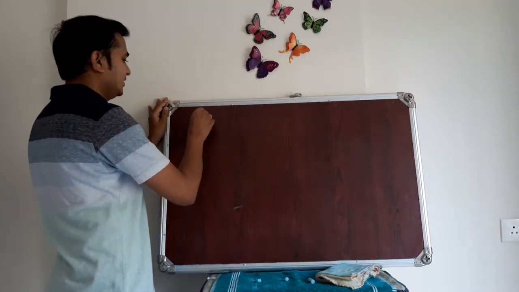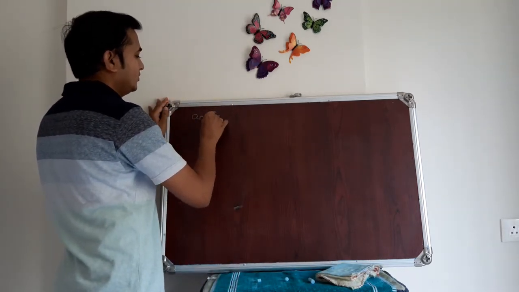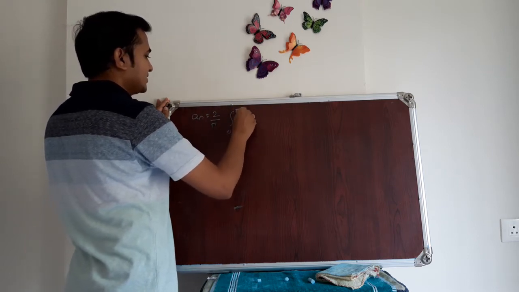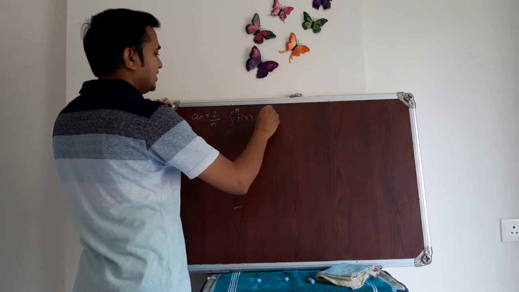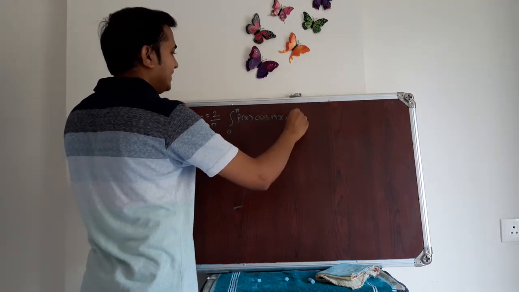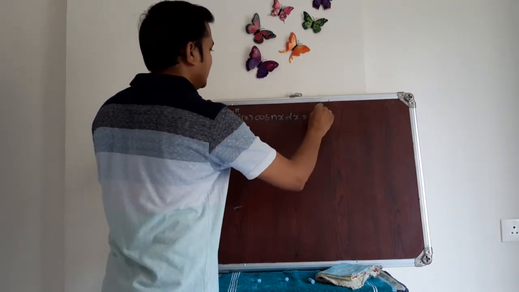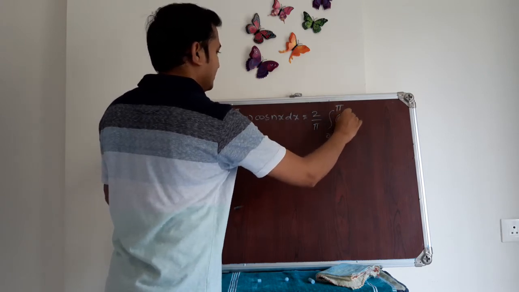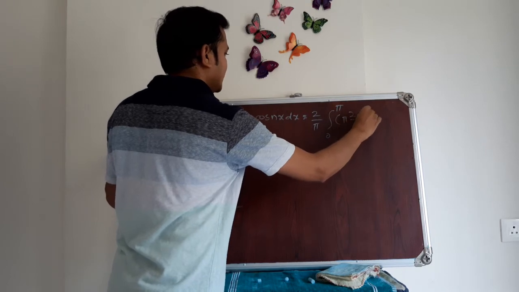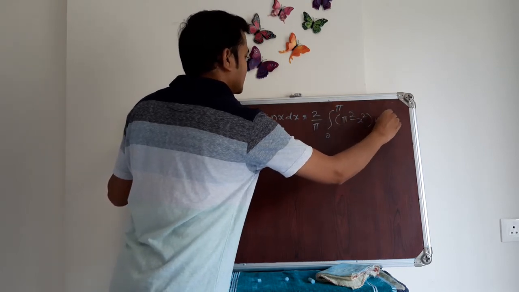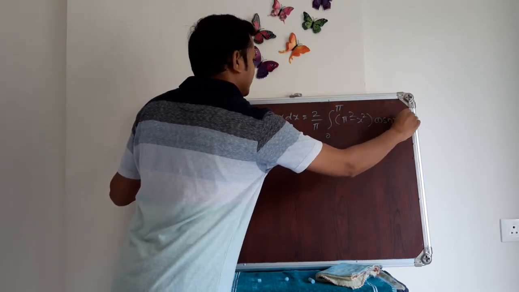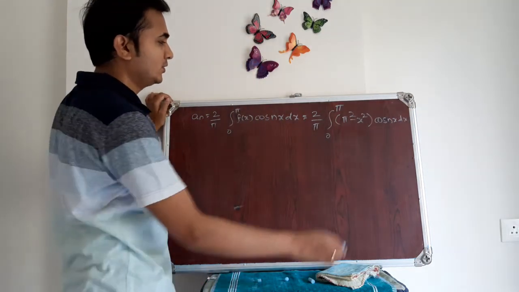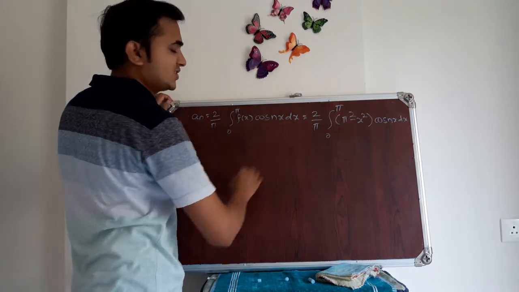An is equal to 2 by pi integral 0 to pi f(x) cos nx dx, which is equal to 2 by pi integral 0 to pi, f(x) is pi square minus x square, cos nx dx. Okay, if you remember that we wrote a generalized integration by parts for such integration.